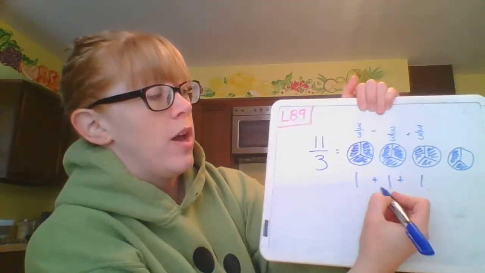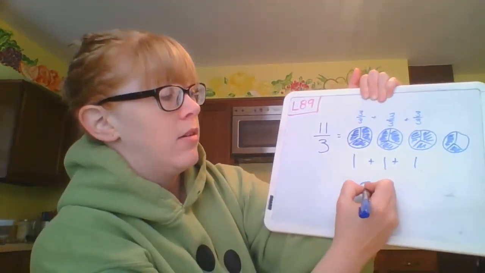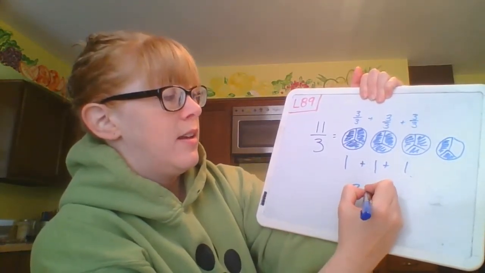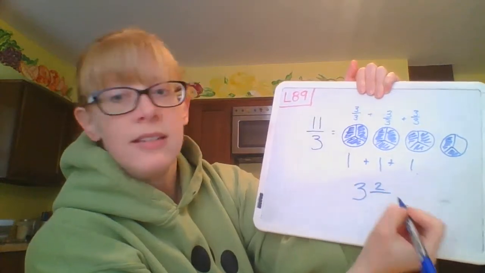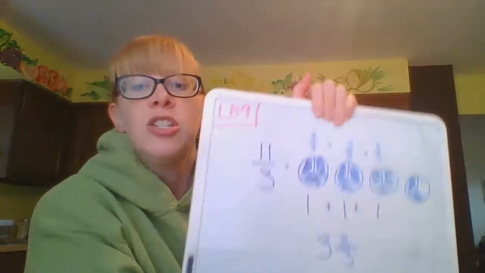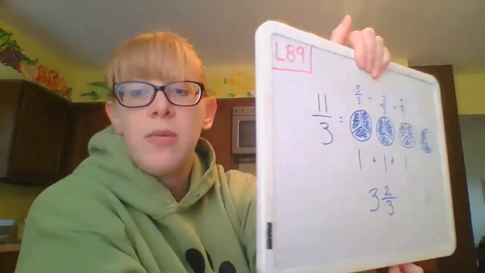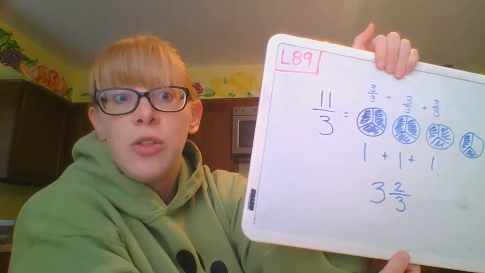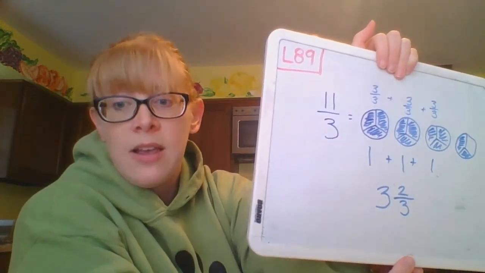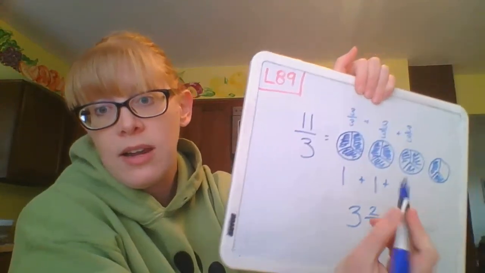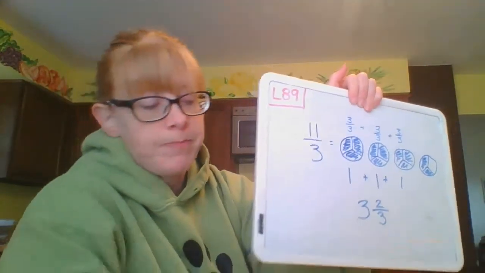So I ate 1, 2, 3 full pizzas, and then I ate 2 slices of the 4th pizza, which was cut into 3 slices. So 11 slices of pizza, when they're cut into thirds, would be the same as eating 3 pizzas and 2/3 of a 4th pizza. So I ate 3 2/3 pizzas, or 11/3 pizzas.